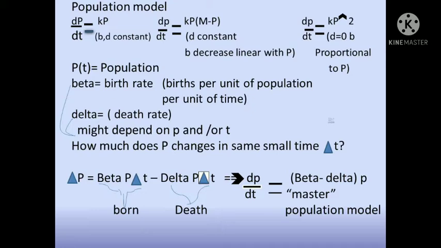I have written down another one here, dP/dt = kP squared, and I don't know the proper name for this one, but you could call it a blow-up model, because the population blows up in infinite time in this particular model.